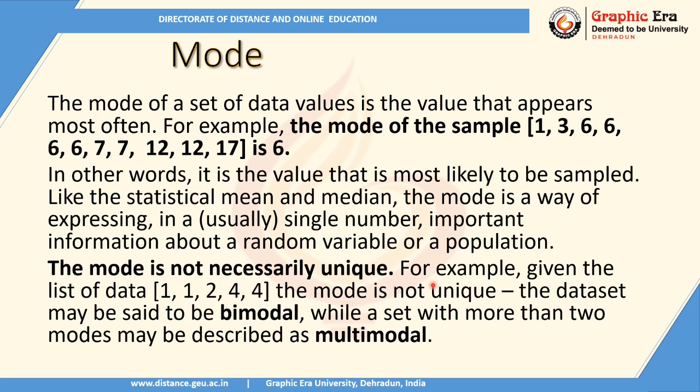Or we can take another example: 1, 1, 2, 4, 4. So the frequency of 1 and 4 is 2. So in this particular case, the mode is not unique. So this type of data is known as bimodal. Or if a data has more than 2 modes, then we may describe it as multimodal data.